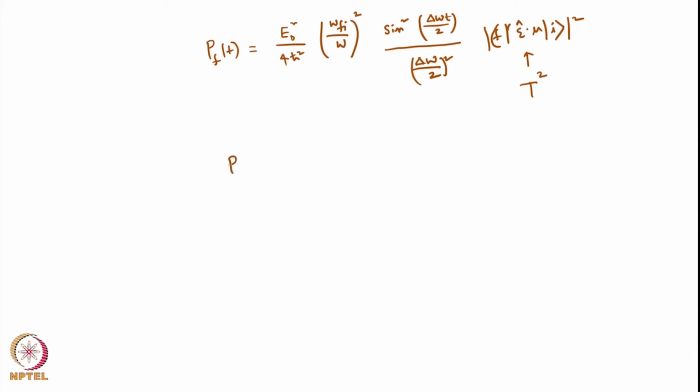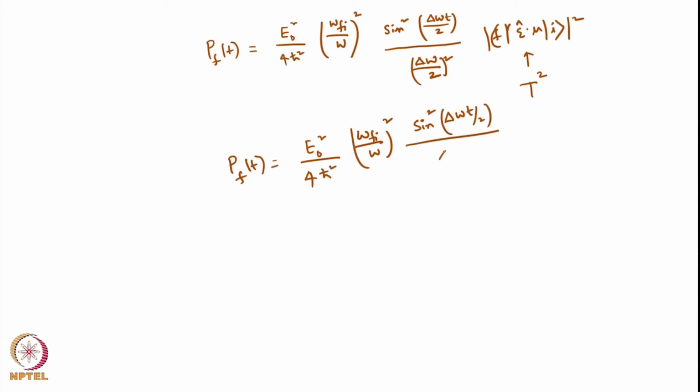So your Pf of t is equal to E naught square by 4 h bar square, omega Fi by omega square, sine del omega t by 2 square of that, and del omega by 2 square of that, times t square.